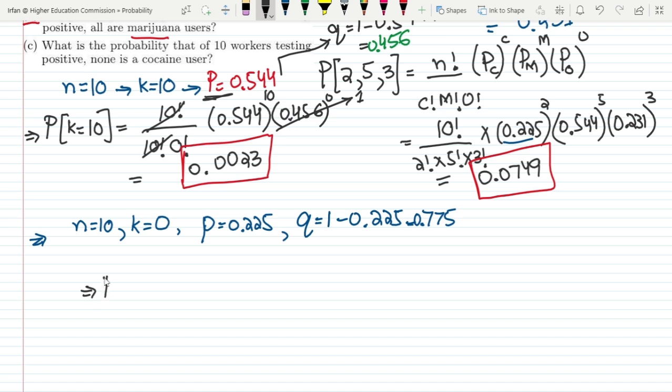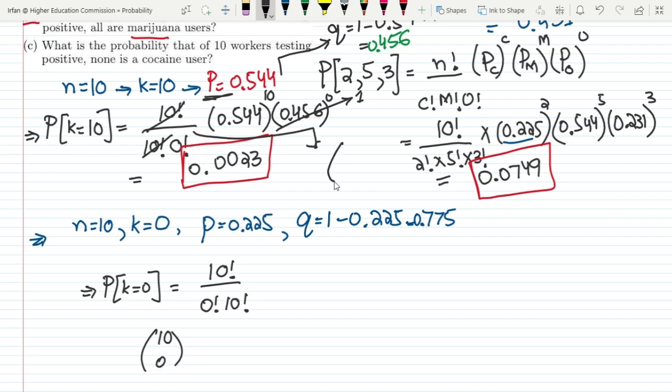Now in order to find it out, this is again the binomial probability. So we have to find the probability that k is equal to 0, using the same formulation, 10 factorial divided by 0 factorial and other category 10 factorial, which is the same as 10 choose 0. As here we had 10 choose 10. We have covered all these topics in our binomial probability distributions.